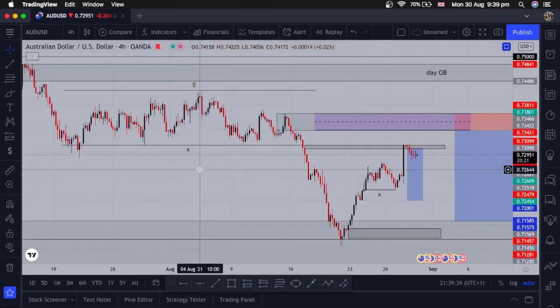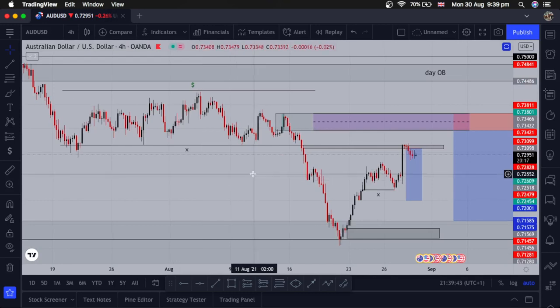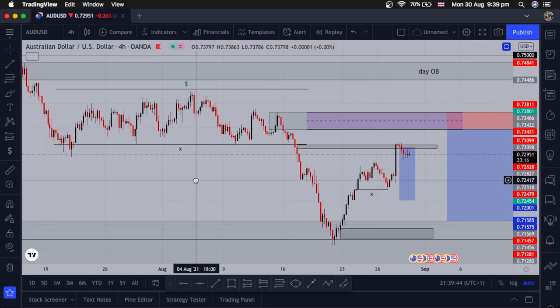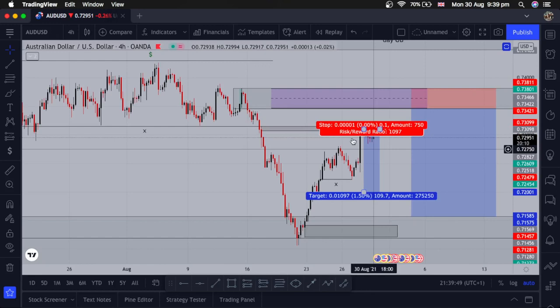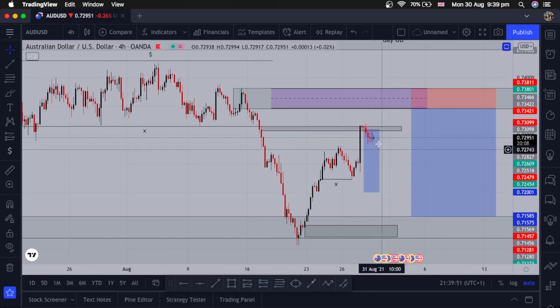So that's what's happening in the EU at the moment. It's really been slow though. I've held this trade for a full 24 hours, a full day, and it's only gone down a little bit.